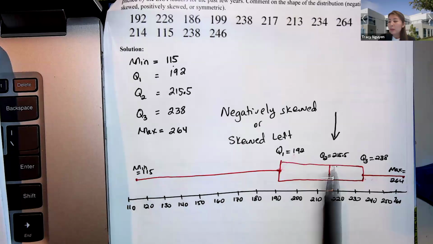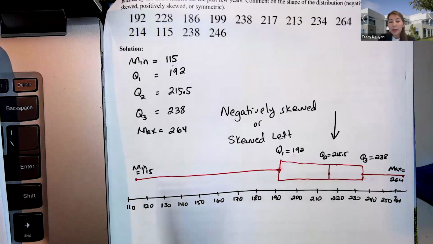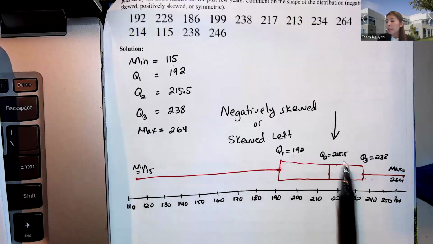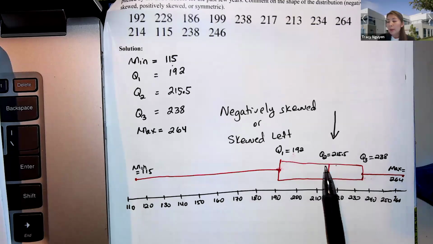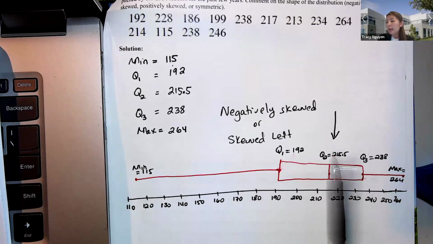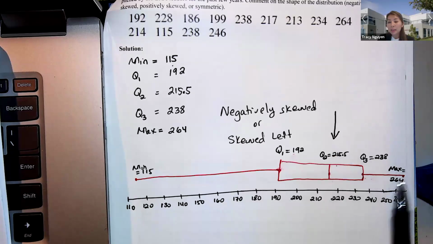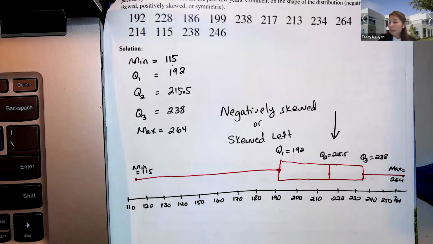And how can we tell it's much longer? We can take the difference between Q2 and the minimum value. Versus if we look from the maximum value to Q2, we have a much shorter right side. Okay? And how can we tell that? We can just do the subtraction, taking 264 minus 215.5. That's how you do your box plot.